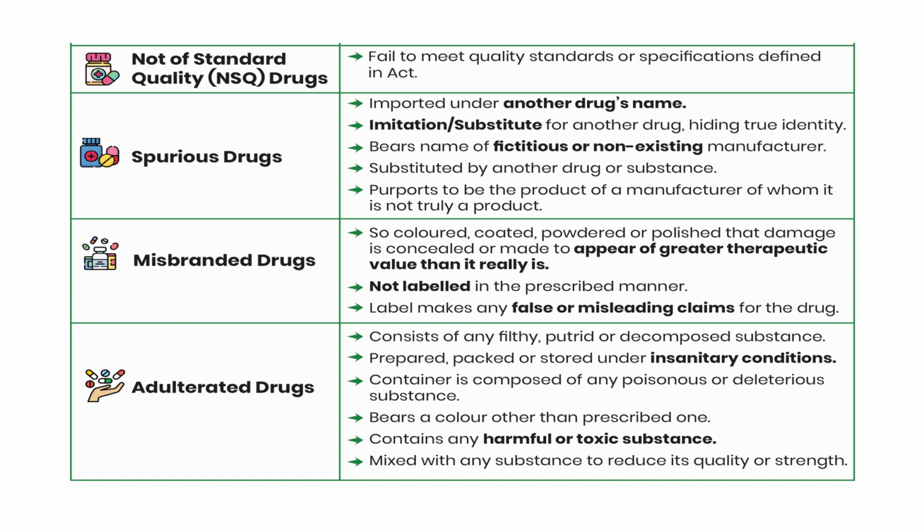Whatever I said, if I'm having my paracetamol, 50% I substituted with some toxic material or some harmful material or some decomposed material, and I'm not using good quality packaging material. That is also an insanitary condition. I'm not storing my drugs and medicines in the proper conditions. So that also comes under the adulterated drug.